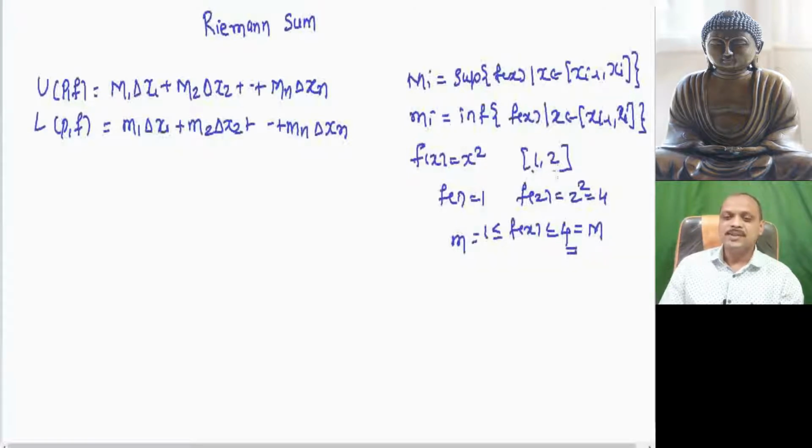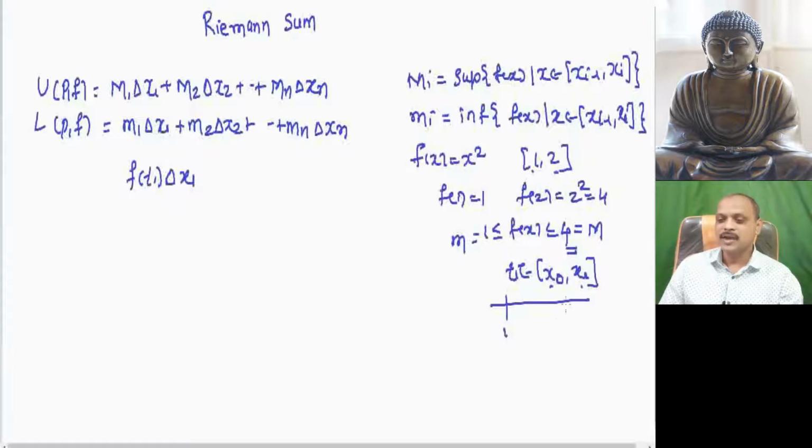Now instead of this supremum and infimum, suppose we take f of t1 into delta x1. What is this t1? T1 is any point in the subinterval x0 comma x1, so it varies from x0 to x1. For this interval 1 to 2, there are infinite points and an infinite choice of the points t1.